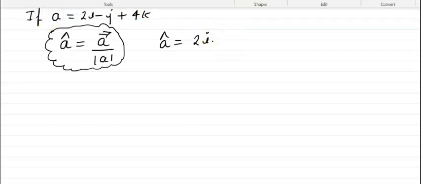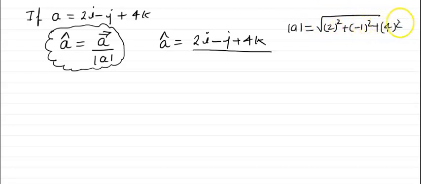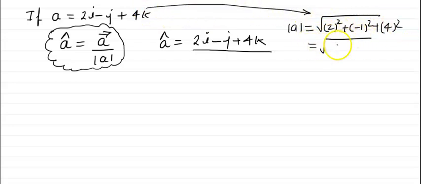So 2i minus j plus 4k should be divided by modulus A. The modulus of A will be the square root of 2 squared plus (minus 1) squared plus 4 squared. 2 squared is 4, plus 1, plus 16, that is root 21.